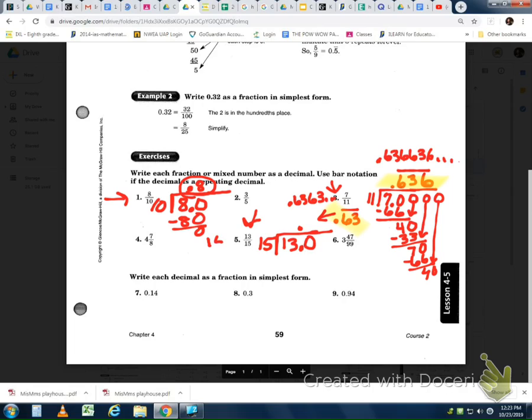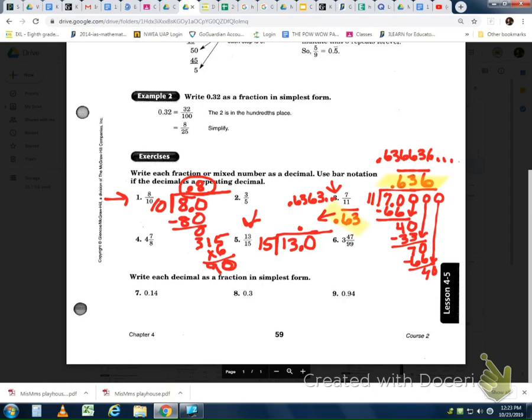What is 6 times 15? What's 6 times 5? 30. And 6 times 1 is 6, plus 3. It's 90. Is 90 big enough?